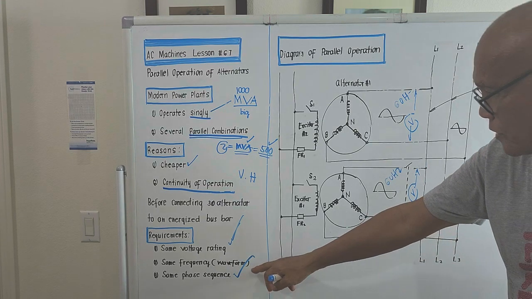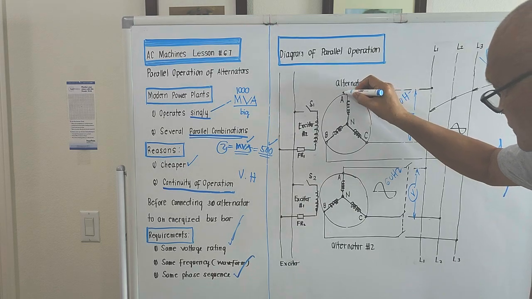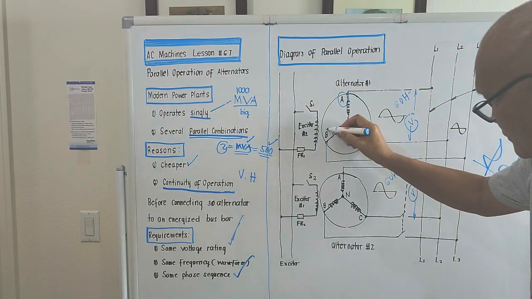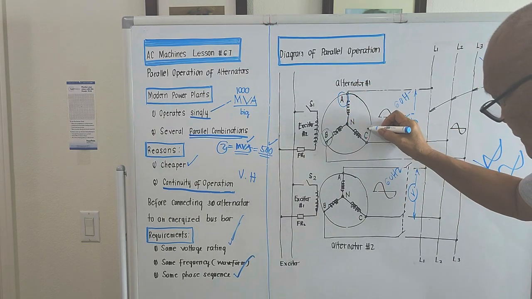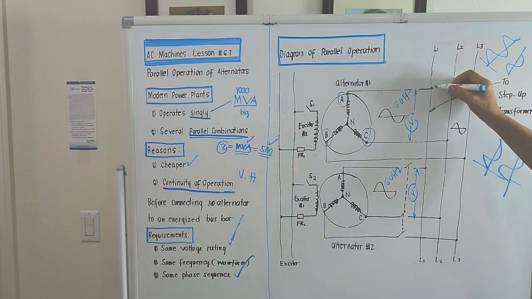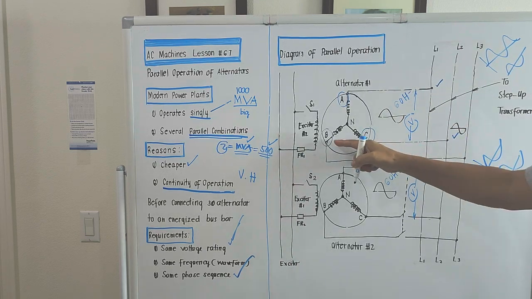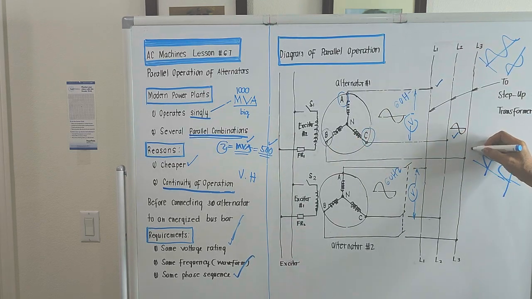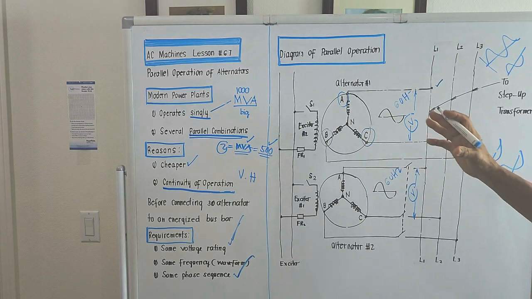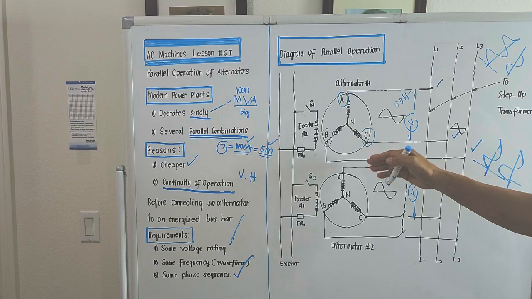For us to satisfy the phase sequence, if this point here is A, this point here is B, and this point here is C, A should be connected to line 1, C should be connected to line 2, and B should be connected to line 3.